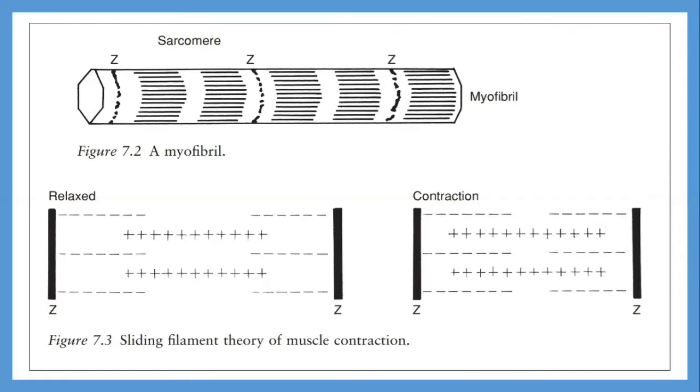Now, a sarcomere consists of many filaments layered over each other in alternating bands. There are two types of filaments. First, we have the thick filaments, which consist of about 300 molecules of the protein myosin. And second, we have the thin filaments, which consist of a globular protein called actin.